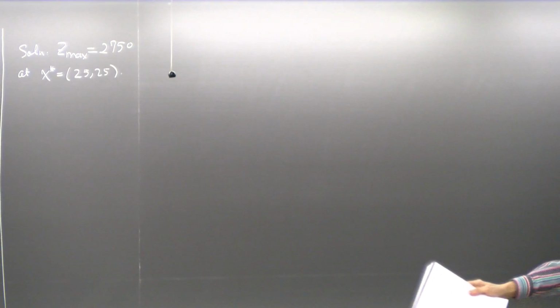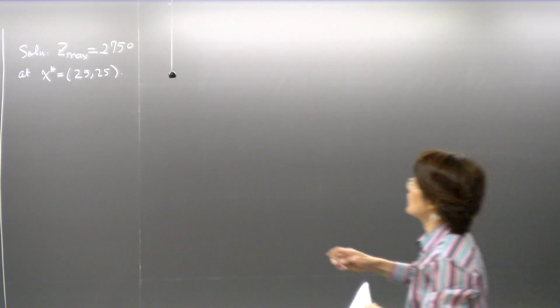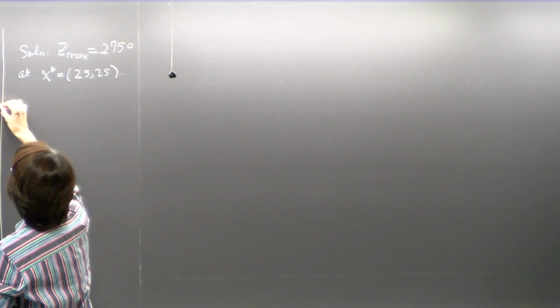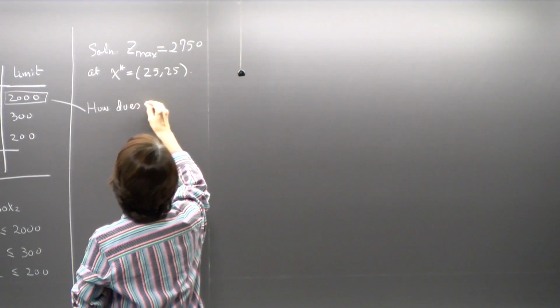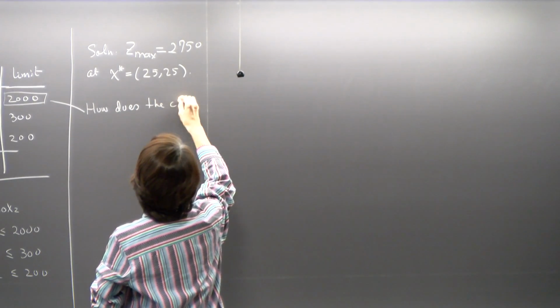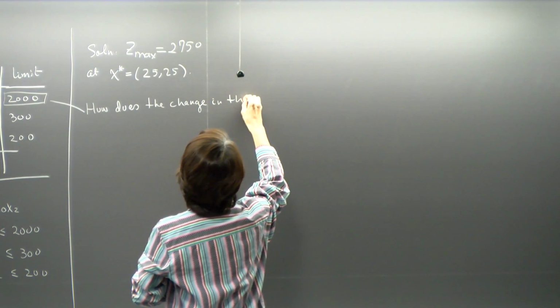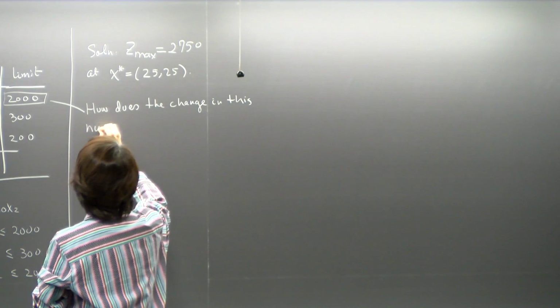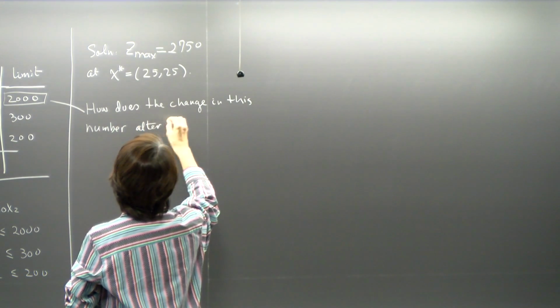So my question will be, how does the change in that number, 2000, affect the final solution? Is that clear what I want to do? How does it alter the solution?